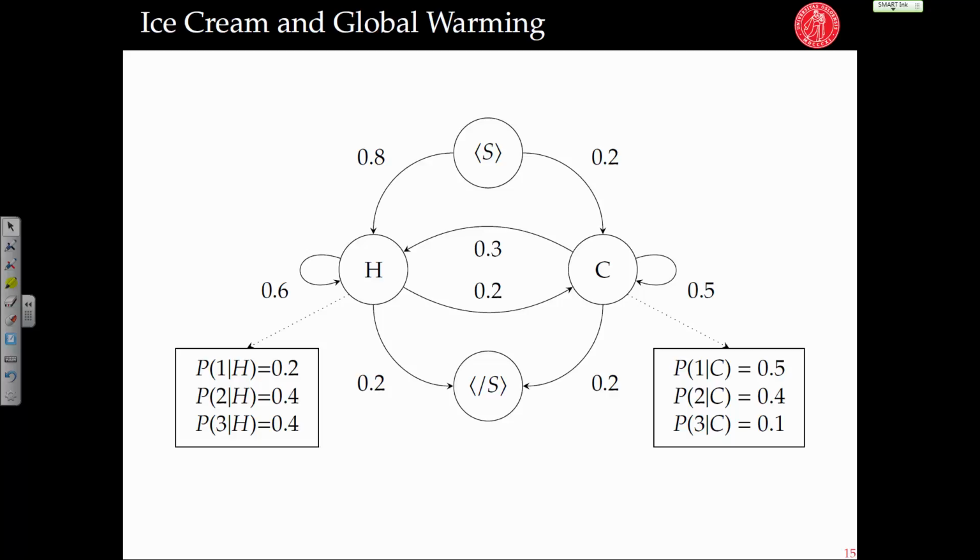So for the hot day state, we have probabilities like what's the probability of Jason eating one ice cream given that it's hot, and what's the probability of Jason eating two ice creams given that it's hot. These are values that we just hypothesize, or just put forward to use in our computation.